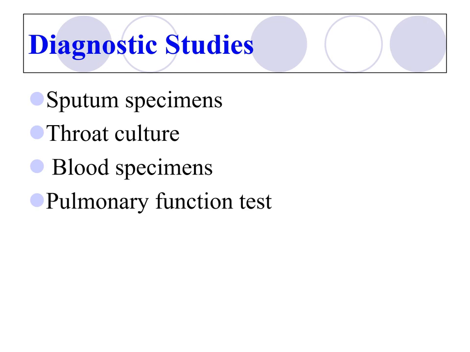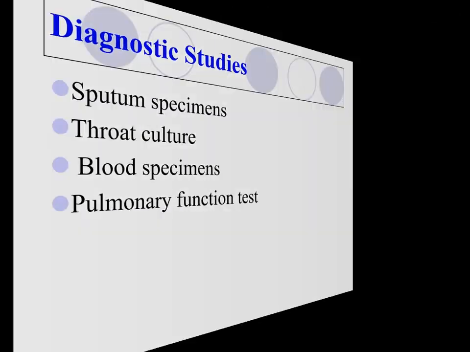Also, we can take a blood specimen to see if the client is having anemia or any other problems that will affect the respiration. Pulmonary function test also, we can do as a diagnostic study, for the lung capacity and the vital capacity and all of those things.